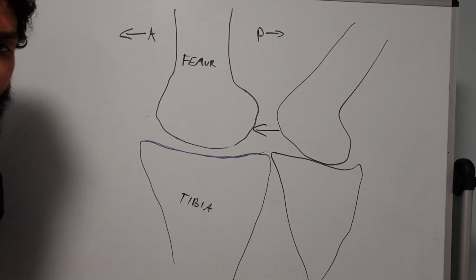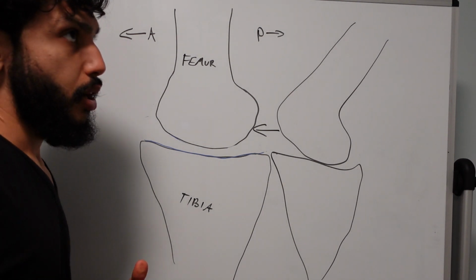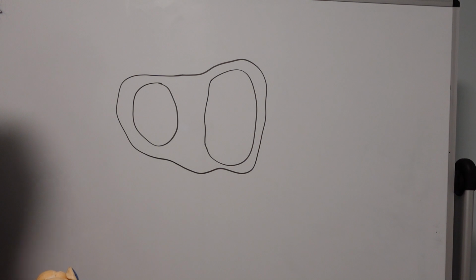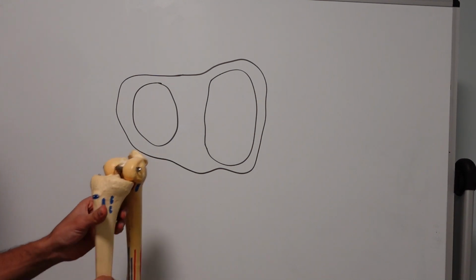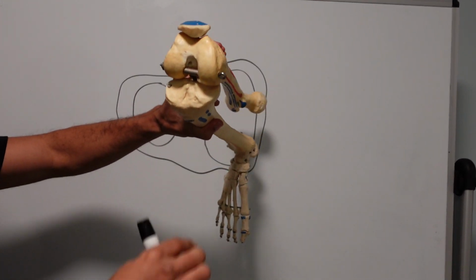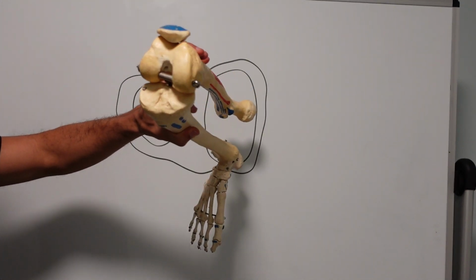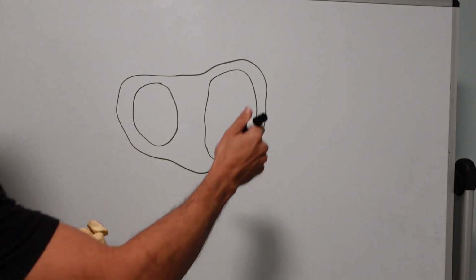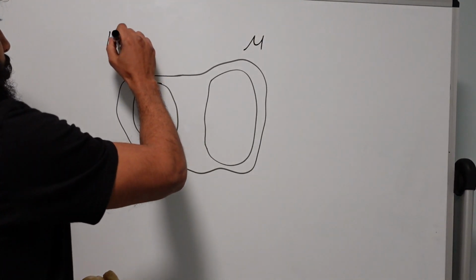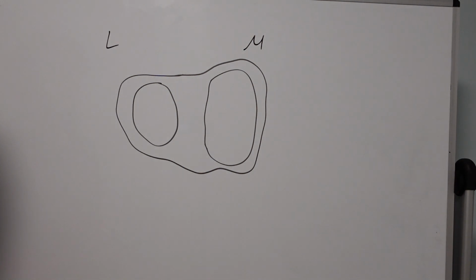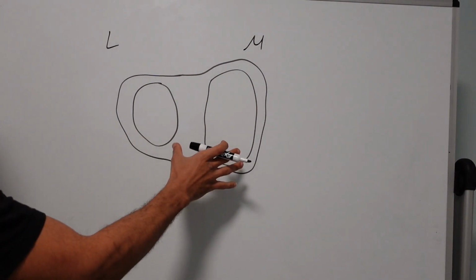Now, I want to bring this discussion to the screw home mechanism of the knee. All right, so let's pretend we take not a slice, but we look at this tibia from the superior view like so, okay? This is going to be over here the medial side, and this is going to be the lateral side. So this is the medial condyle of the tibial plateau, and this is the lateral condyle of the tibial plateau. This is exactly how it's structured.